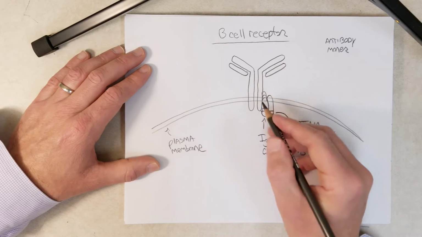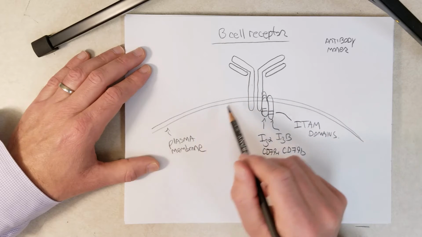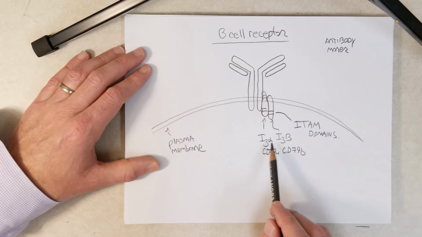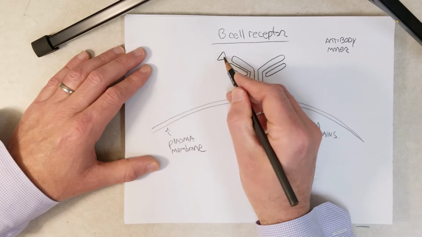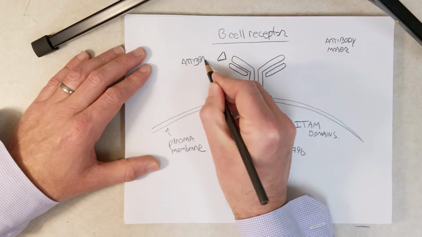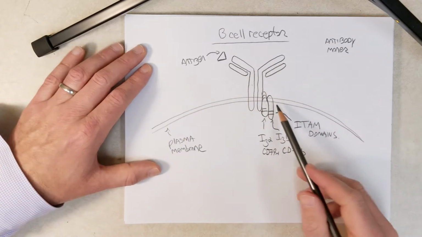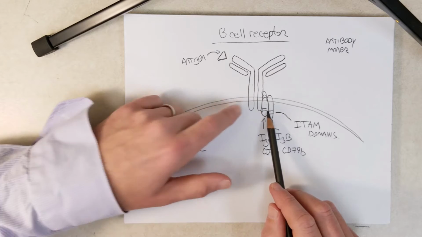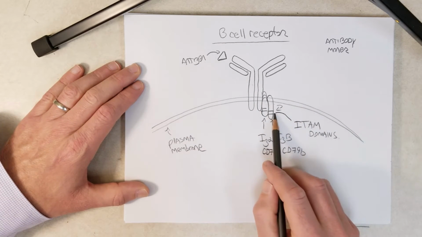And I'm going to go into more detail on the antibody structure in a second, but this will interact with Ig alpha and Ig beta. And when these bind an antigen, say an antigen from a pathogen, it will trigger signaling by phosphorylation of the ITAM domains.